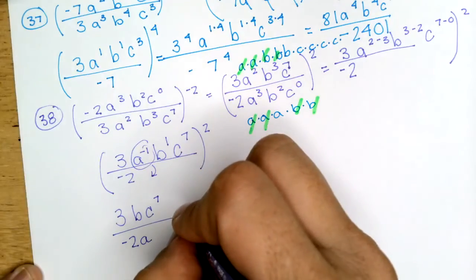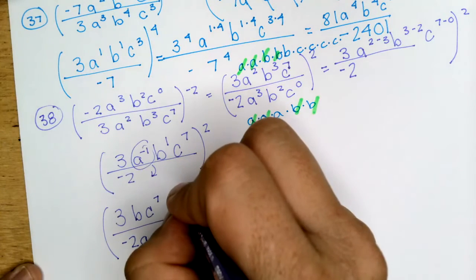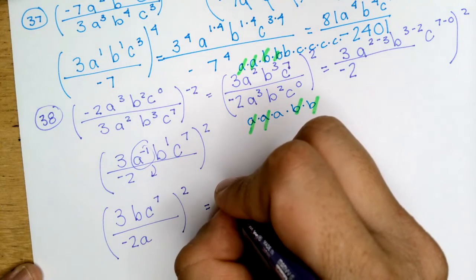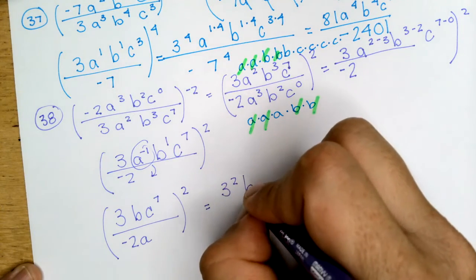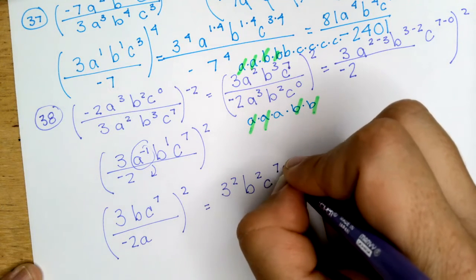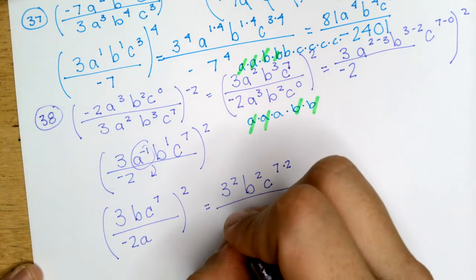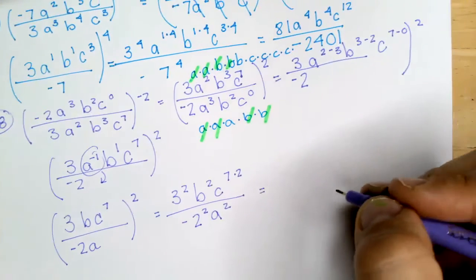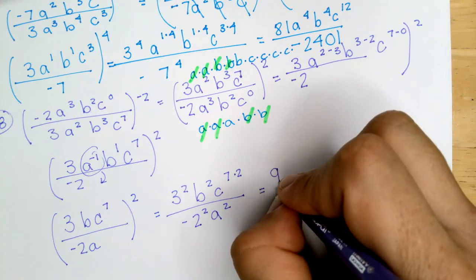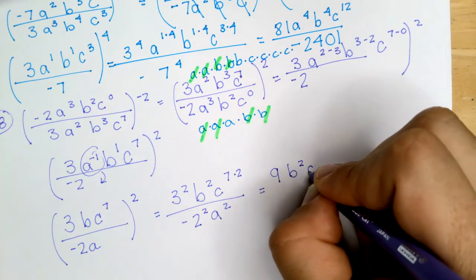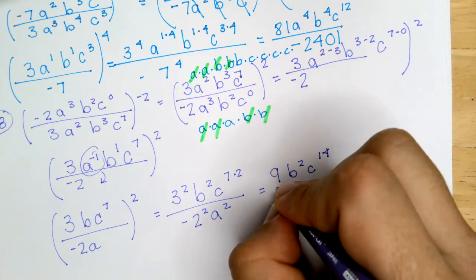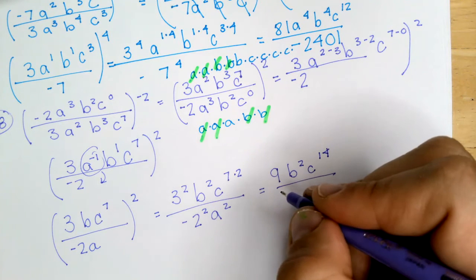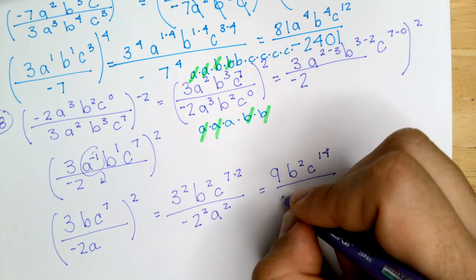Since they're ones, I'm just going to leave it as an understood 1. 3 squared, b squared, c 7 times 2, -2 squared a squared. 3 squared is 9, b squared, c to the 14th.